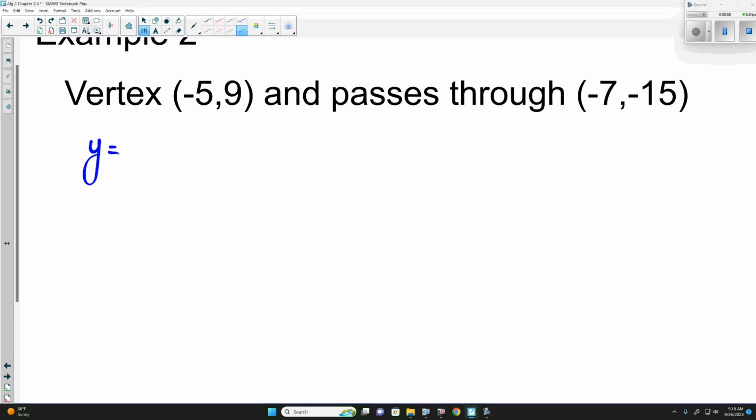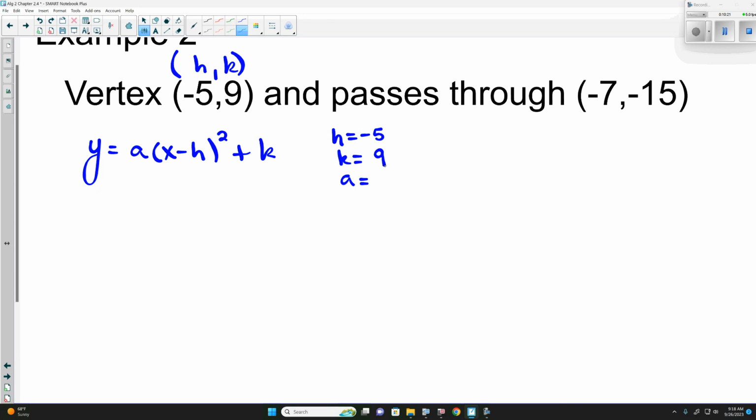Our y equals a parentheses x minus h squared plus k. Again, the vertex is still the point h comma k. So the h value is -5.